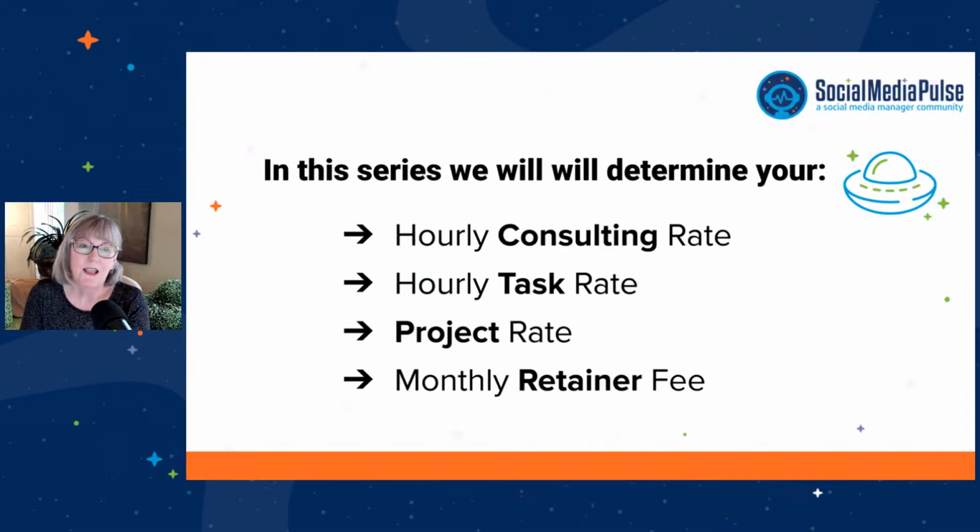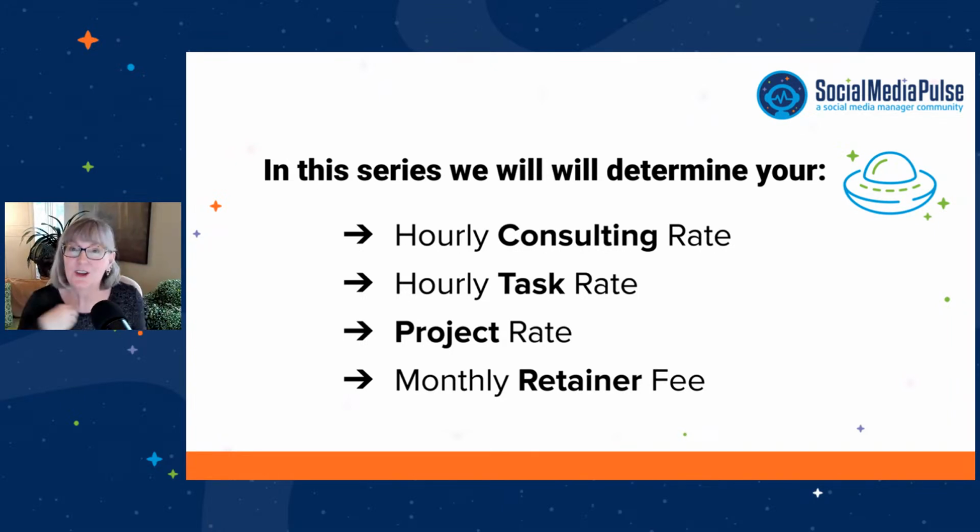So let's go. There are 4 different types of fees or rates you need to know as a social media manager. You need to know your consulting rate. Whether or not you think you are a consultant, you need to determine your consulting rate. Also, you need to know your hourly task rate, even though I advise never, ever to actually use this number publicly or with your clients.